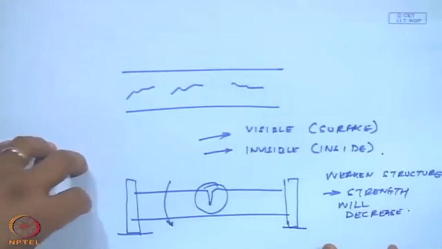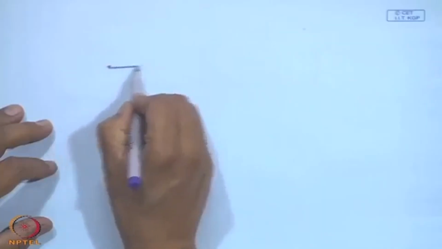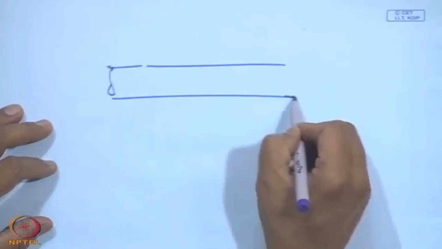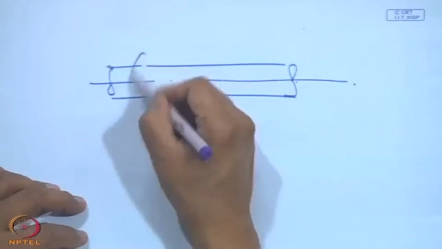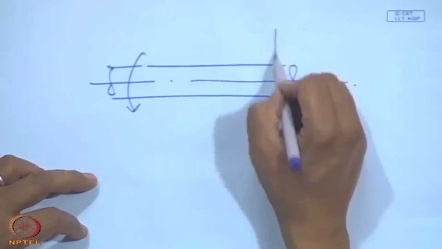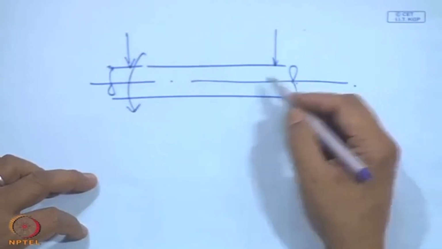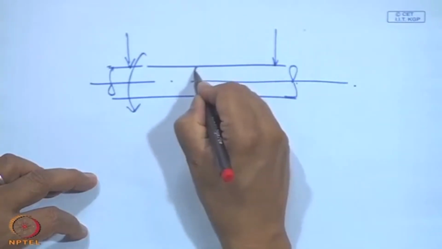And once the shafts are rotating, this becomes a still more complicated issue. Things are rotating, and imagine there are weights being carried on the shaft. Because they are rotating, these cracks are subjected to varying loads.